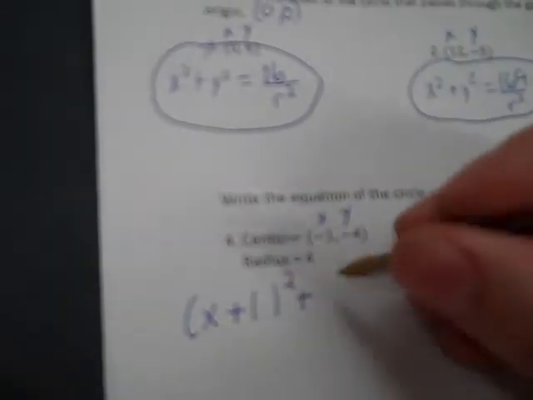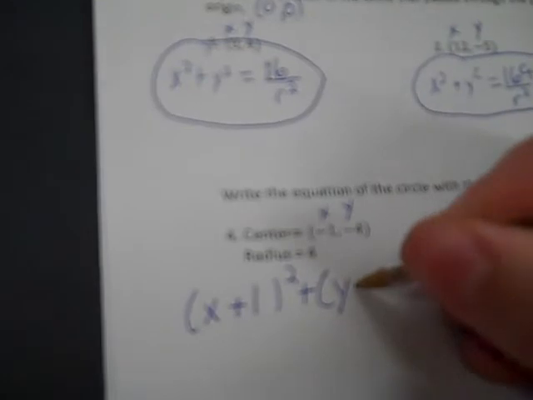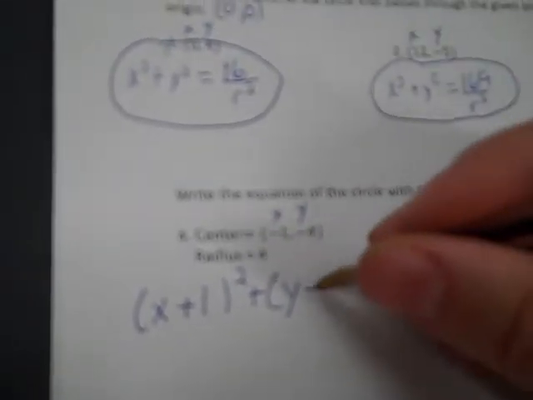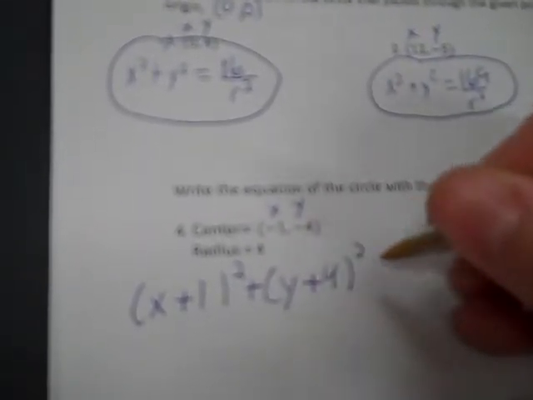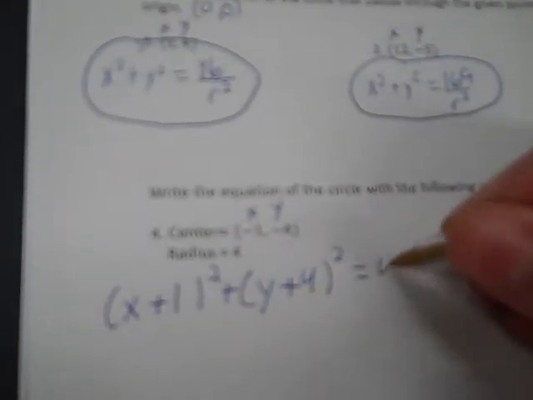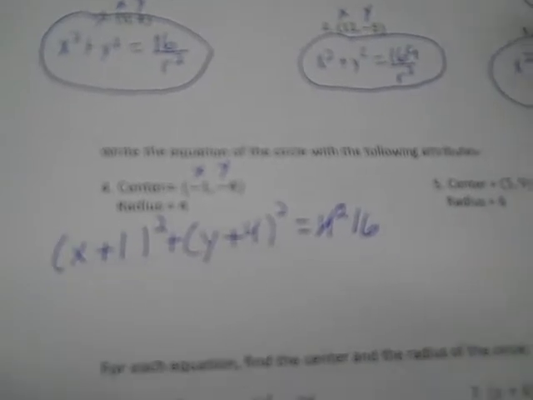And the y is not 0 either, so parentheses with a minus, but then that's -4, so we'll go to +4 to the second. And then I need to take my radius to the second power, 4 to the second, which is 16. So (x plus 1) to the second plus (y plus 4) to the second equals 16.